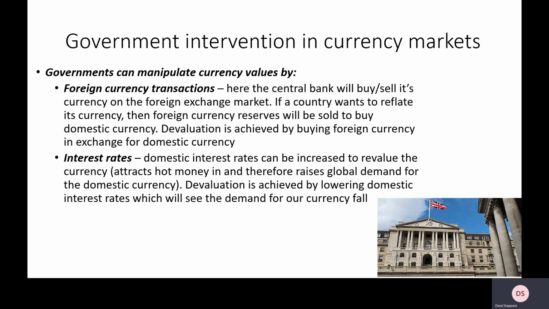So if you want to make your currency stronger, in other words, revalue it, you've got to raise the demand for it. So what you would do, you'll go across the world and you would buy up spare quantities of your currency. So if you wanted to make the pound stronger, the Bank of England go across the world and they would demand pounds in global markets, and they would buy pounds by selling foreign currency. So selling euros, selling dollars, etc., to demand our currency and raise the value back up.